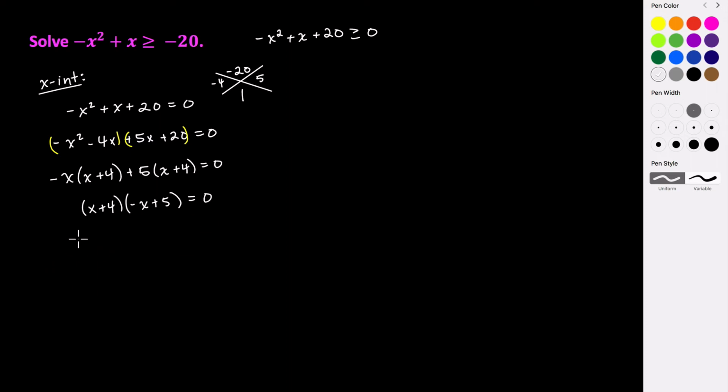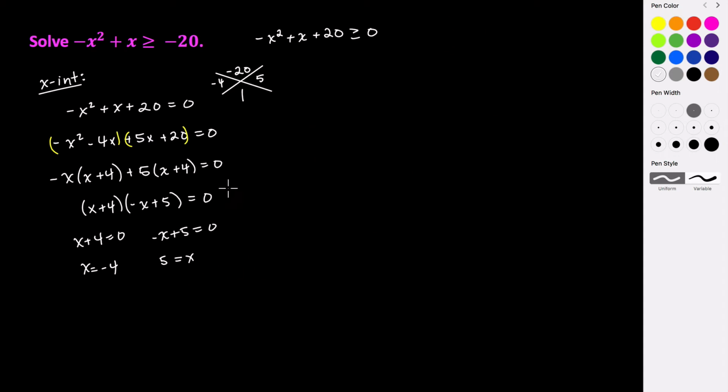Now, using the zero product property, we can set each of these equal to 0 to find our x-intercepts. Subtracting 4, we get x equals negative 4. And then adding x, we get that 5 is equal to x. So our x-intercepts happen when x is negative 4 and x is 5.